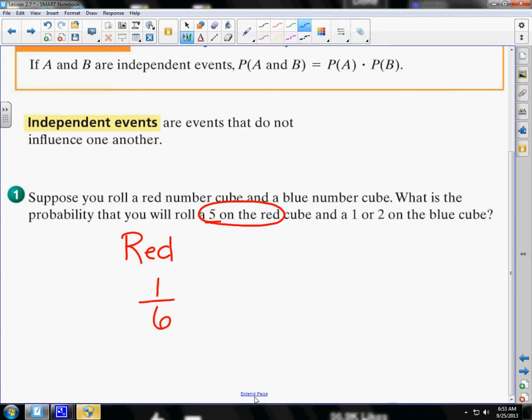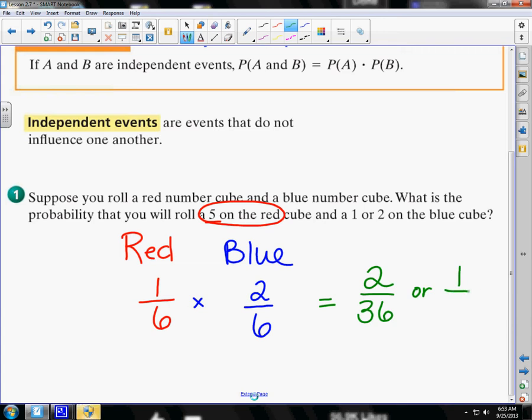I'm going to multiply it by the blue dice, and this is going to be a 1 or a 2, so that would give me 2 options out of 6. I multiply them together, and my answer is 2 out of 36. And then you reduce this, or 1 out of 18.